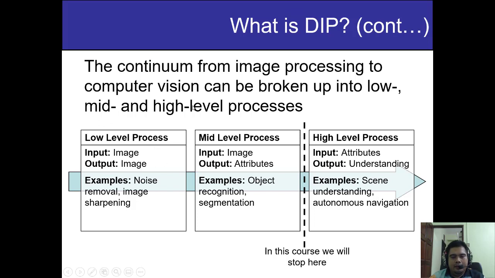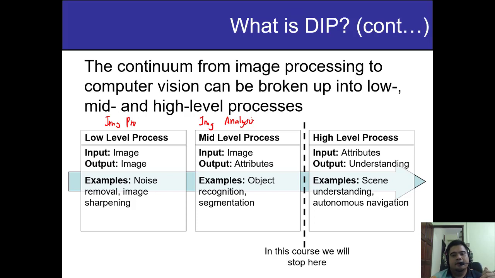Let me give you some ideas: this is image processing, and this is image analysis. Image analysis is a middle level process, while image processing is a low level process.